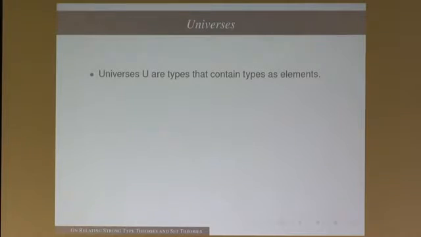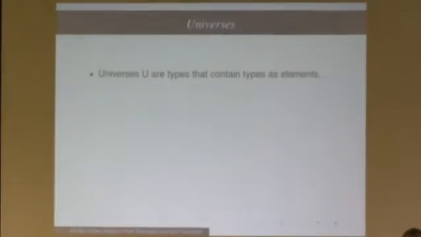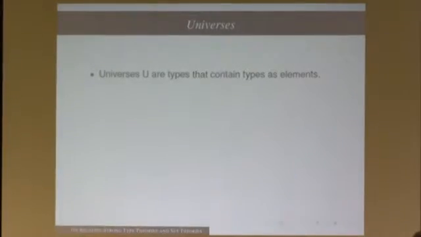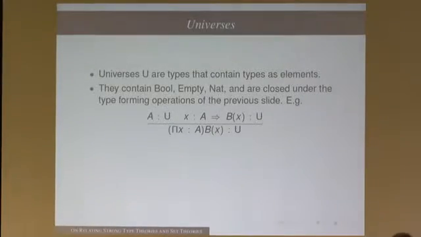Okay, and then there's universes. So what are universes? Universes are types, of course, in type theory, but they are somewhat large types, and they themselves are inhabited by types, and they're closed under taking certain type forming operations. So for instance, this is just a rule way of saying that a universe is closed under product types.